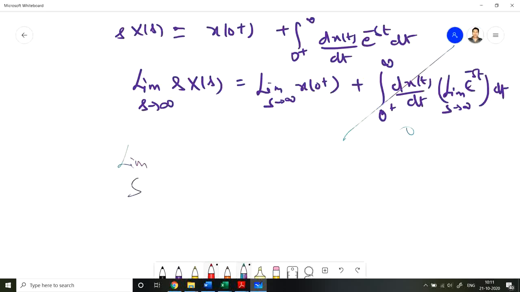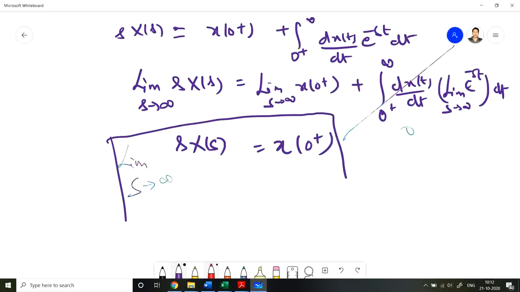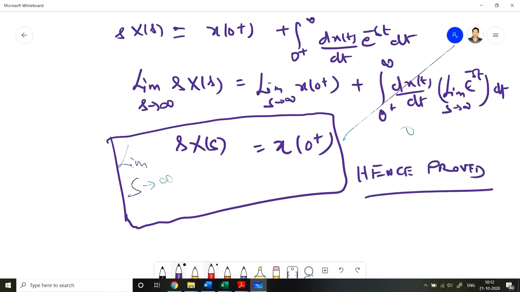So we get limit s tends to infinity of sX(s) equals x(0+), because the integral is 0 and only this term remains. This x(0+) is called the initial value. Hence proved. So this is called the initial value theorem, and we have proved the initial value theorem.